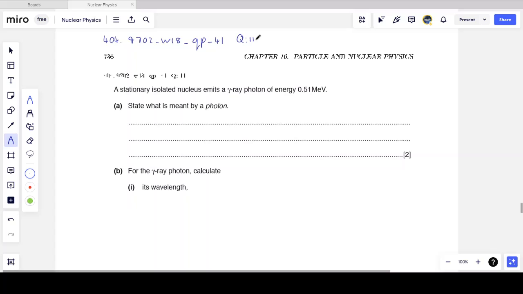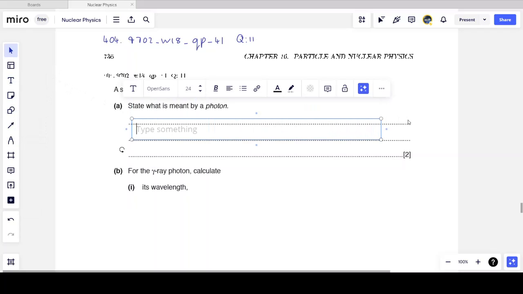we are asked to state what is meant by a photon. Now, if you've seen my previous video on quantum physics, this question will be kind of boring for you, but it's a quantum, or you can say a packet. I prefer the word quantum, it's more formal. It's a quantum of energy that specifically is in the form of electromagnetic radiation.